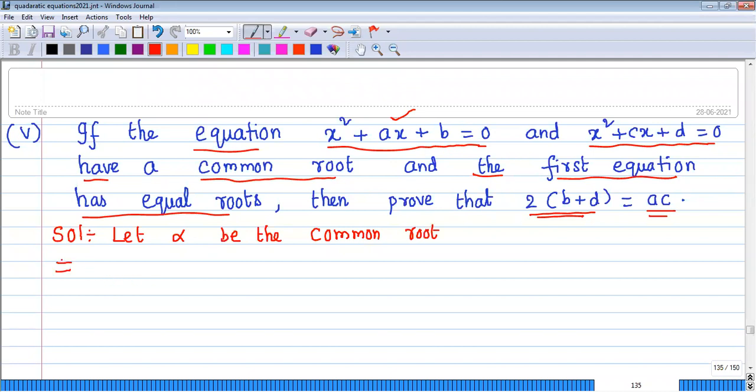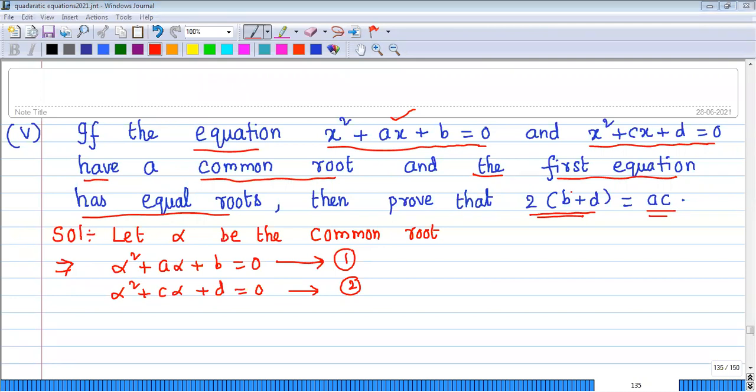So that implies alpha satisfies both the equations. Alpha square plus a alpha plus b equals to 0, say equation 1. Next, alpha square plus c alpha plus d equals to 0, second equation. Now, since the first equation has equal roots, obviously the roots of x square plus ax plus b is equal to 0 become alpha comma alpha.